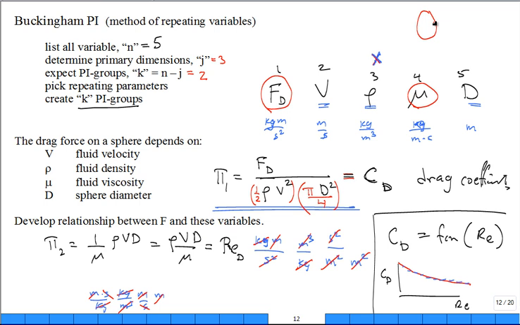But the projected area, looking at it this way, it just looks like a disk. That projected area is pi d squared over 4. And so they'll say that the drag coefficient is the drag force divided by the velocity pressure and the projected area. It's a little more readable, understandable.